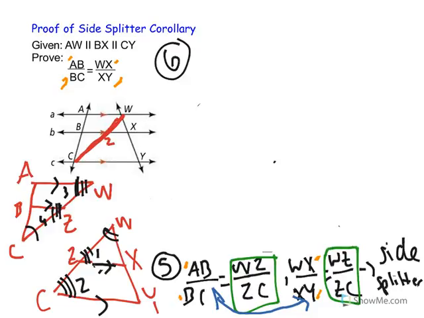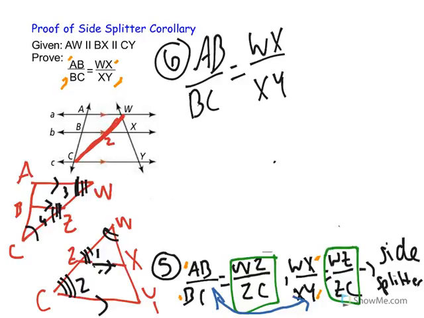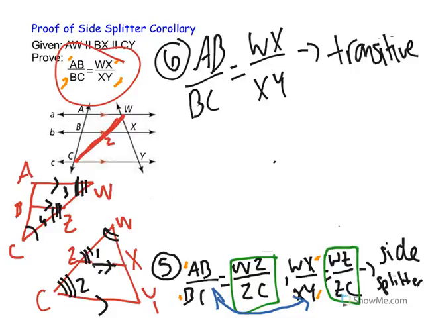So that means I can end with AB over BC equals WX over XY by the transitive property. Because two different things were both equal to the same thing, so then they're equal to each other. And then you're done. That's what you wanted to prove, and that's what you have.